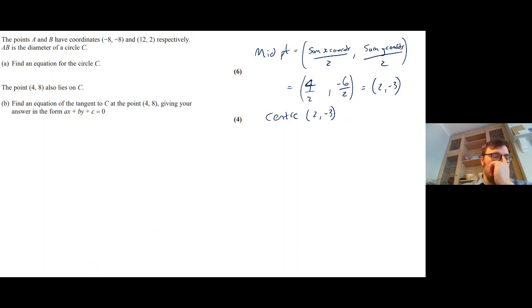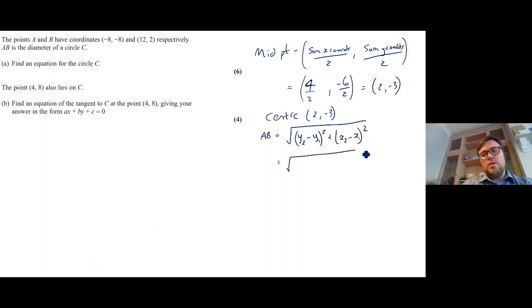We can work out the radius by, again, using the formula. Length of AB is equal to the square root of y2 minus y1 all squared plus x2 minus x1 all squared. It doesn't matter as long as you're consistent.